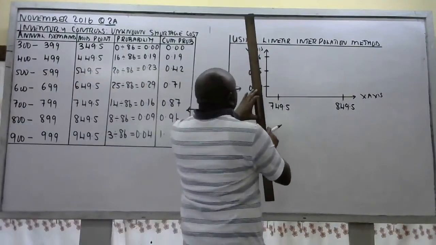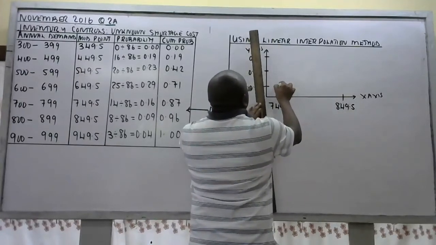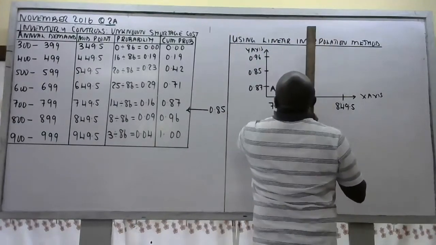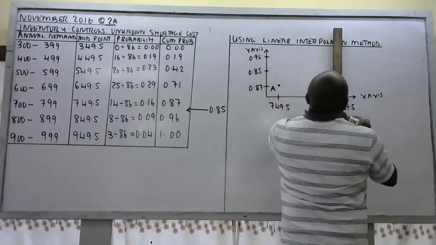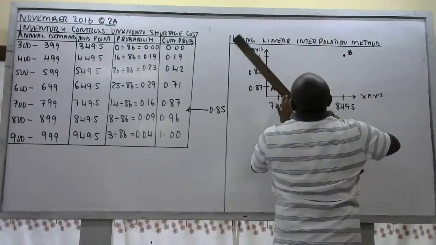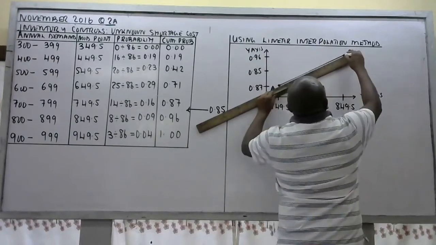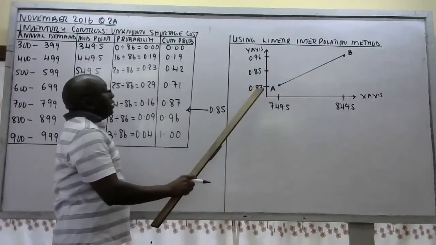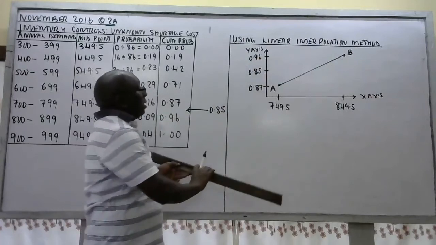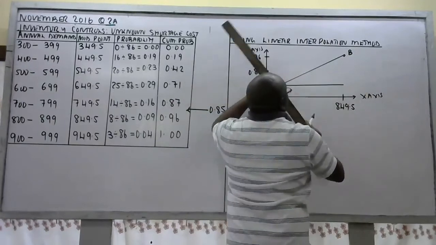So what you do, 85 here, you mark and you call it point A. This one at 96. You mark here and you call it B. These two, you connect them. So that is 87 that way, 96 that way. Then here you draw another line running like that.